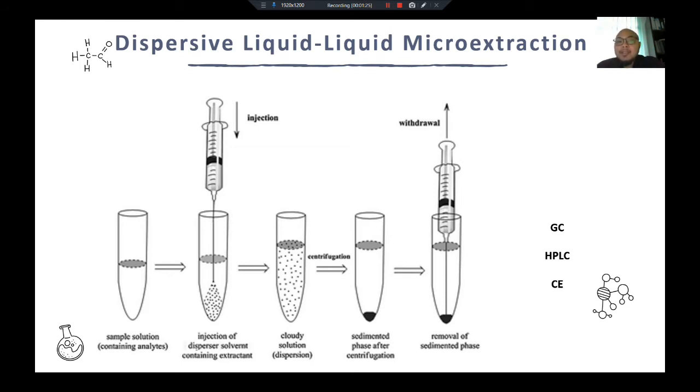If you look at this particular procedure, let's say here is your sample.